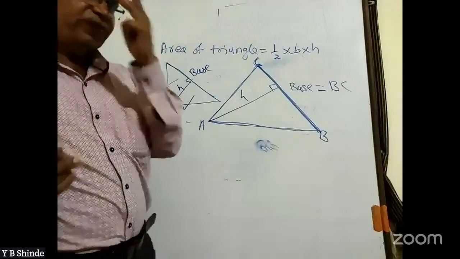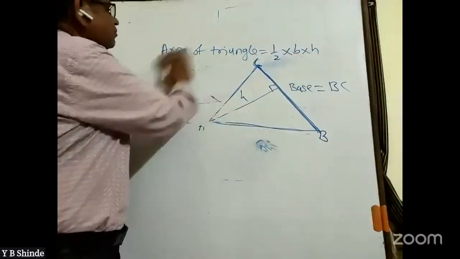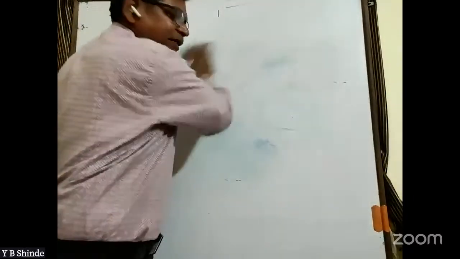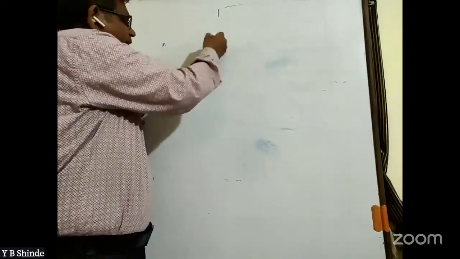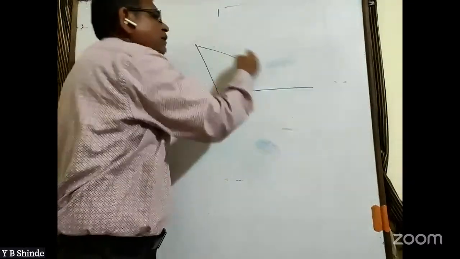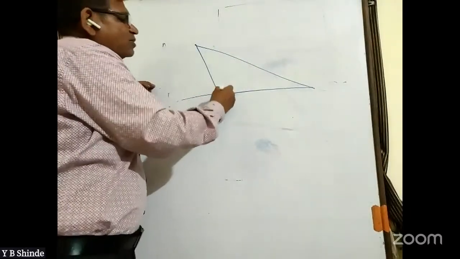Now the third situation of finding base and height of triangles. Very important when you consider the area of a triangle. Here we have this type of triangle. This triangle is called an isosceles triangle.